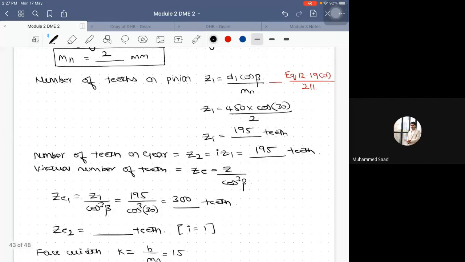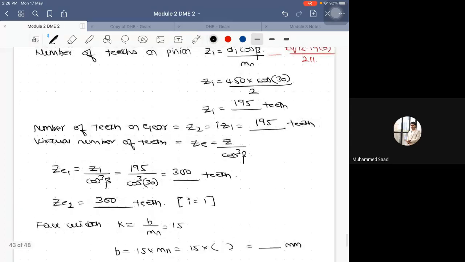Since i is 1, ZE2 is also 300. Now immediately calculate your face width, which is B divided by Mn. So you need B there. It is 15 cross Mn. Mn is 2, normal module is 2 there. So your face width is 30 mm.